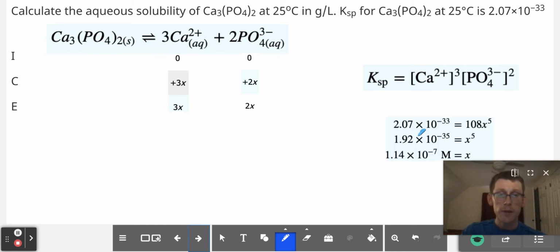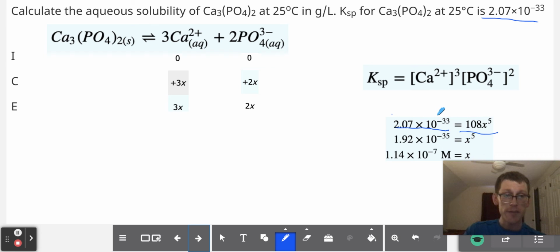Next, what we'll do is we will basically say that Ksp, which was given to us before, is equal to, sorry, it's going to be 3x, and we'll cube it. And then we're going to take the 2x and we'll square it. 3x cubed times 2x squared gives us 108x to the fifth. Check that if you need.